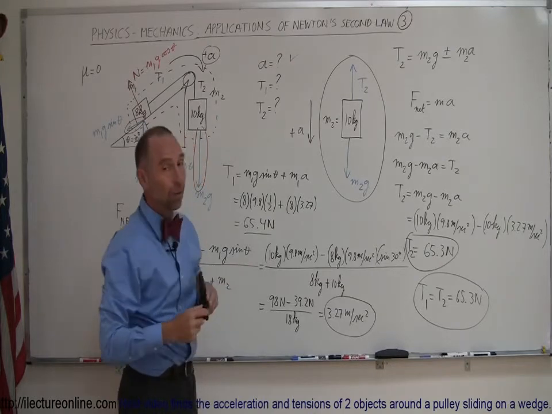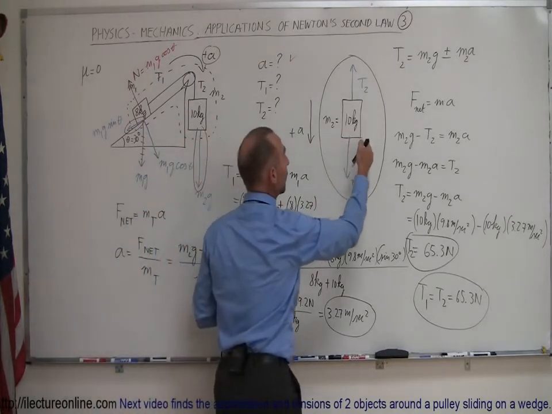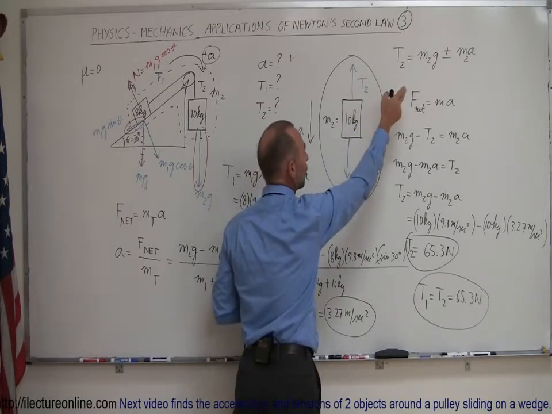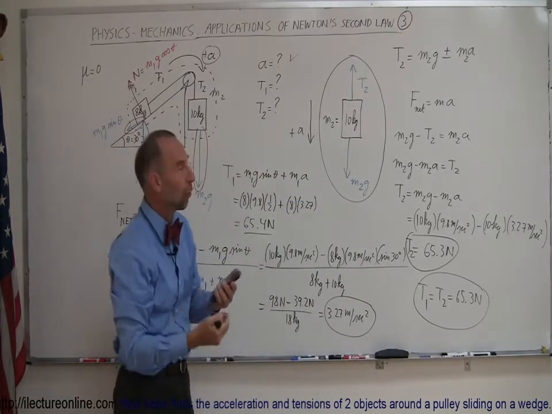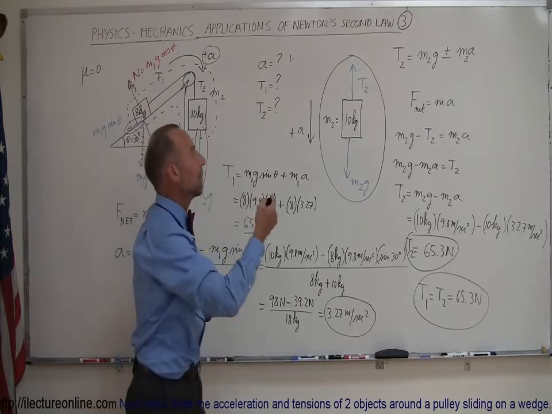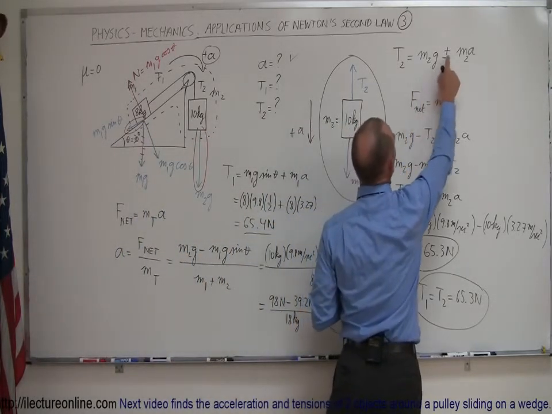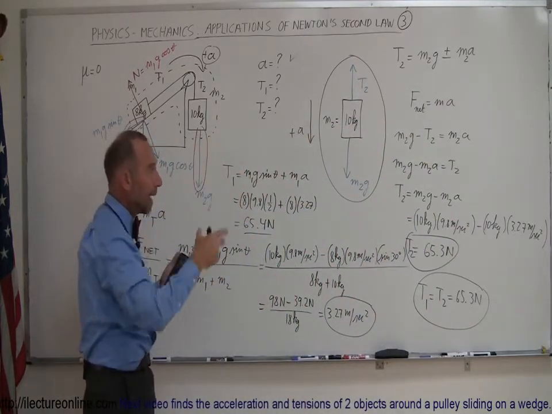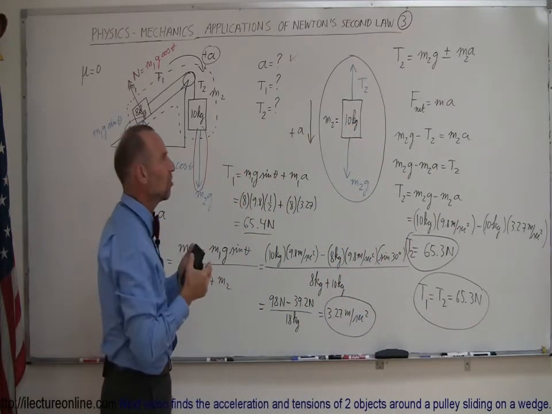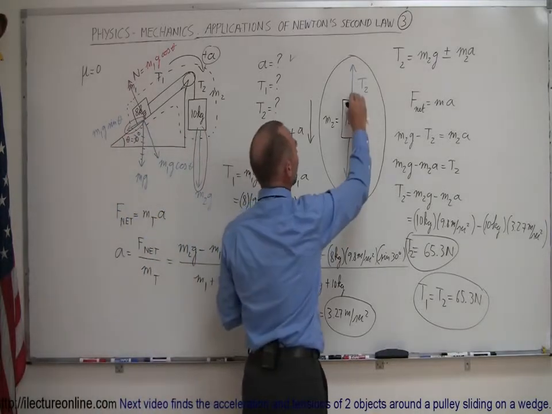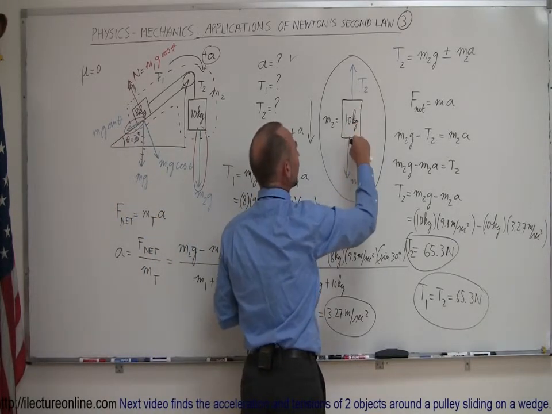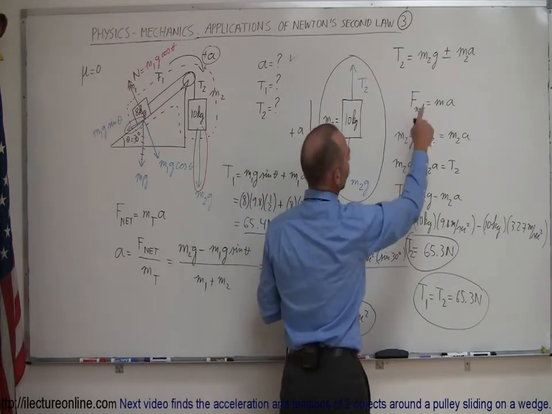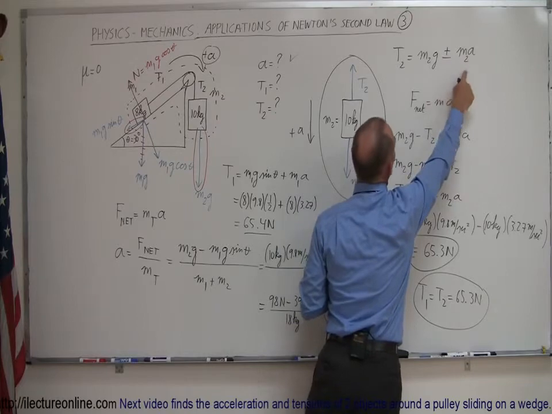Well, it is plus if the object is being accelerated upward, because then not only do you have to hold it up against gravity, mg, you also have to have additional force to accelerate it upwards, so in that case it would be m2g plus m2a. But if the object is allowed to accelerate downward, then you don't need as much tension in the string. You need enough to hold it up against gravity minus the force that allows it to accelerate downward with gravity. So in that case, it will be m2g minus m2a.